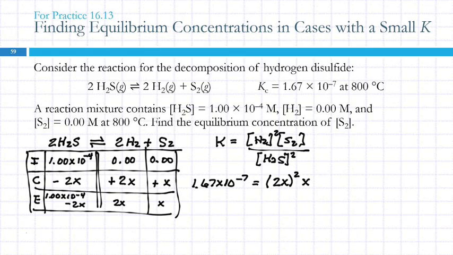S is just x, and H2S is 1.00 times 10 to the minus 4 minus 2x squared. I'm not going to do the highlights, if that's okay. Oh, it's kind of a sad looking minus sign. Almost looks like an underscore.